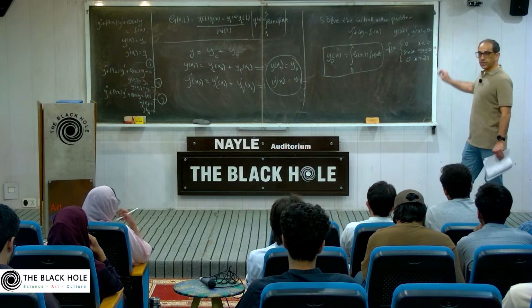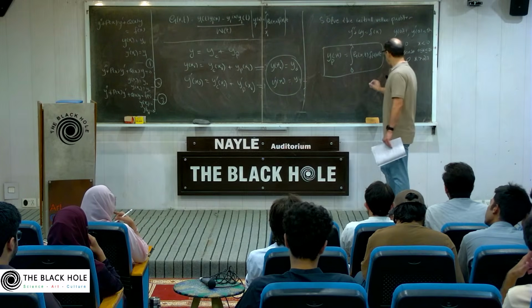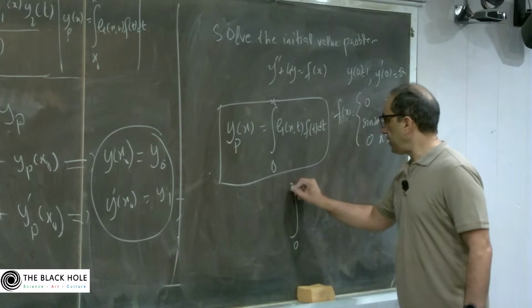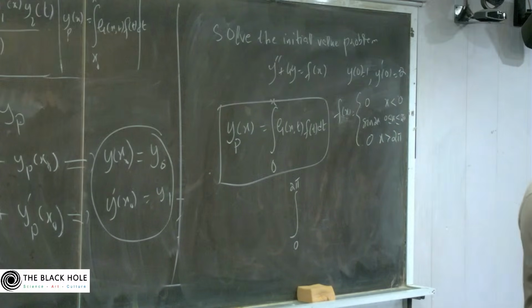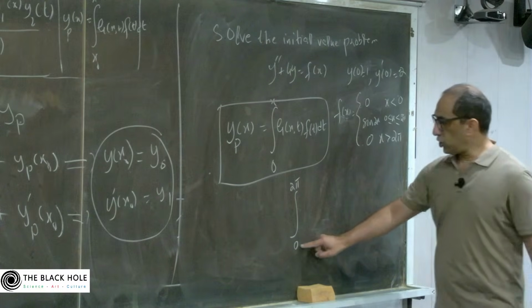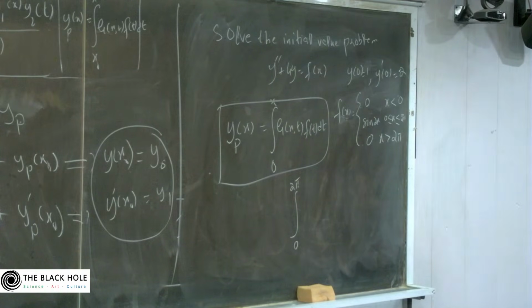If you say 0 to 2 pi, so I will ask somebody now. Once you see 0 to 2 pi, how would you interpret it? Can I say this is x greater than 0 and less than 2 pi, or less than or equal to 2 pi? Do you agree?